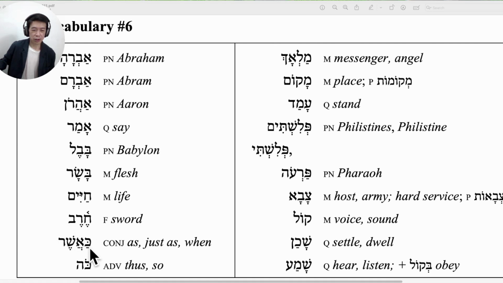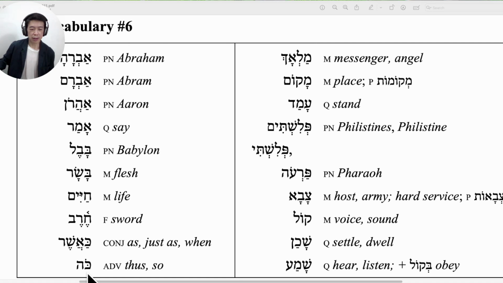The next word is a conjunction meaning "just as," "when," or "as." Ka'asher. The next word is "thus" or "so."